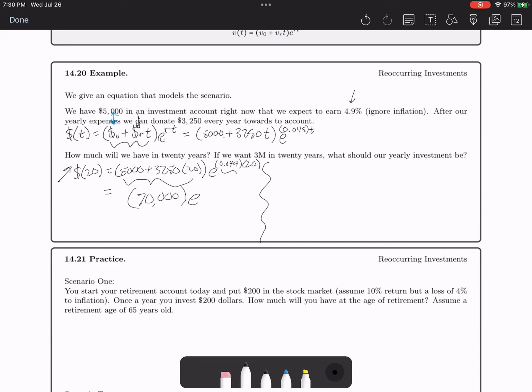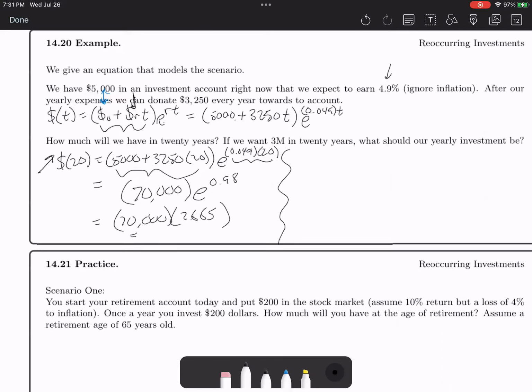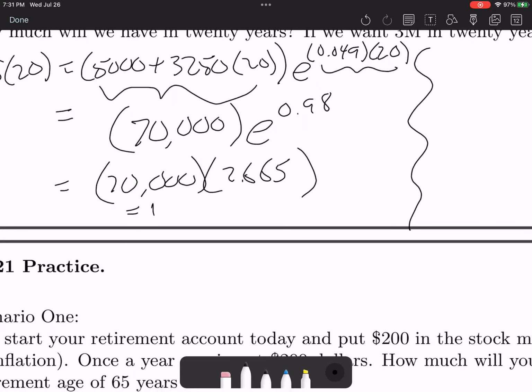If I take 0.049 and I multiply by 20, I get 0.98. All right, e to the 0.98 returns 2.665. And we multiply our value 70,000 by 2.665, we get 186,511 and some change.